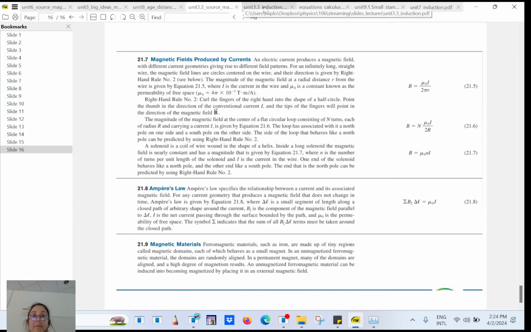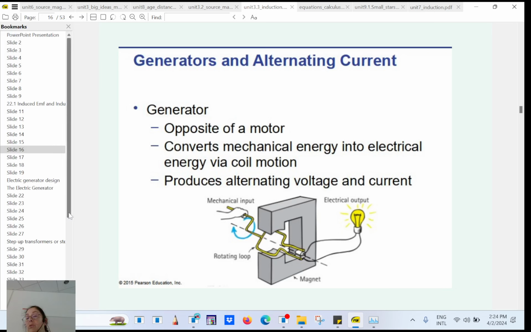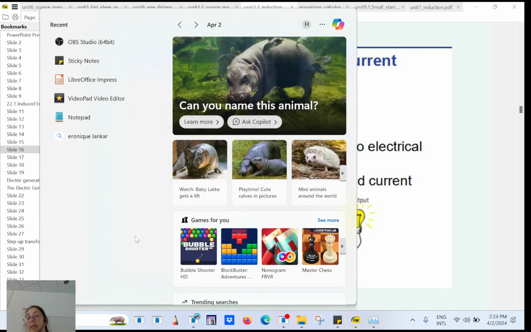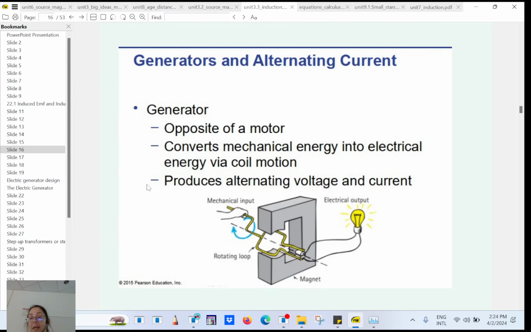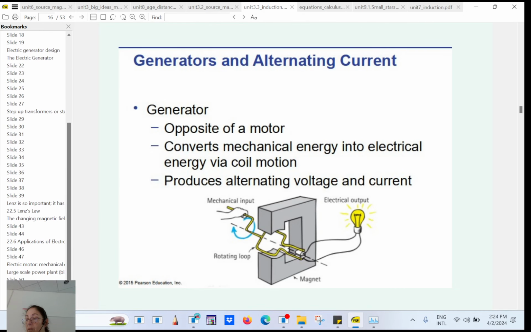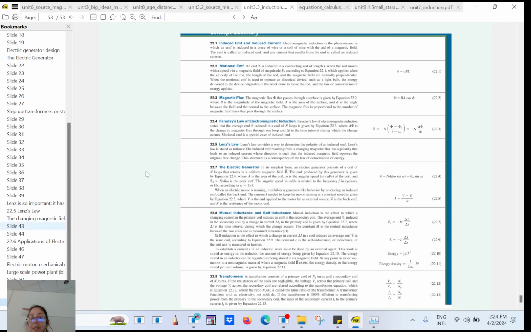By the way, at the very end of the unit here, you have all the equations. This is not on the test, okay, but it will be mostly for the final. But you have all the equations with the explanation, so maybe you want to print this out.